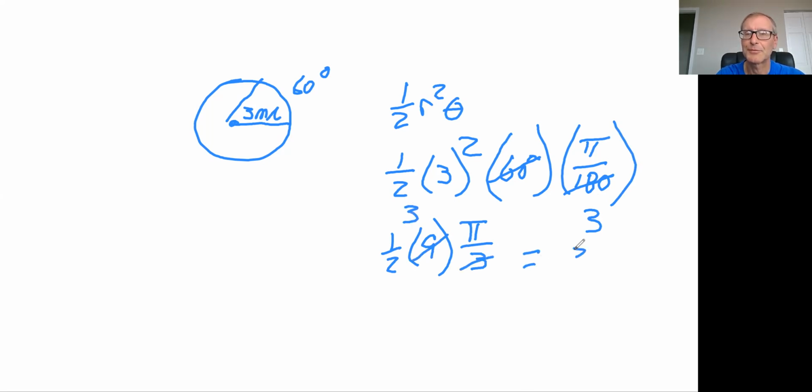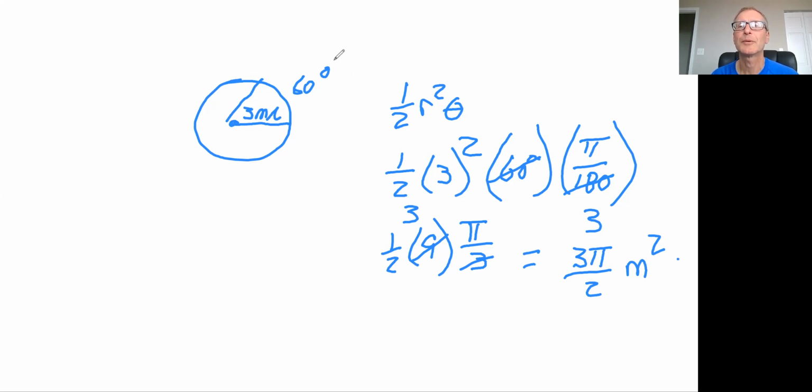So this answer should be 3 pi over 2 miles squared. The strategy here is to make sure you convert the angle from degrees to radians before you plug it back in.